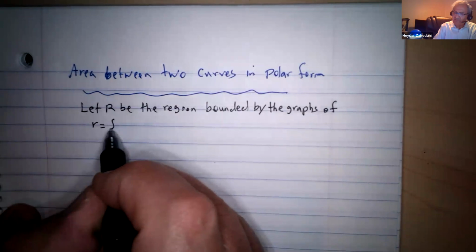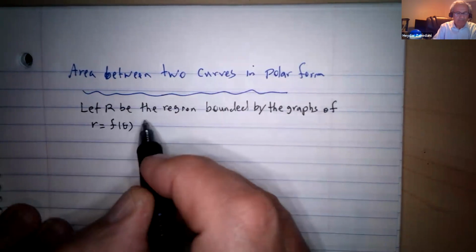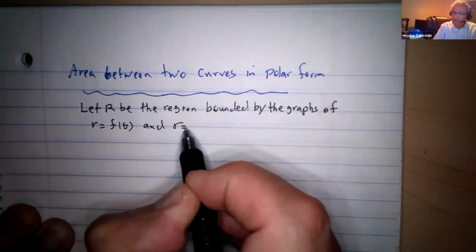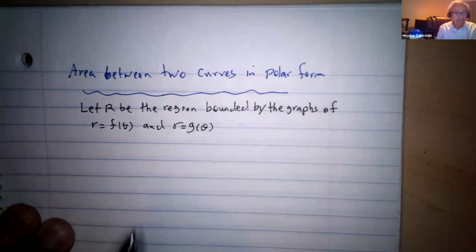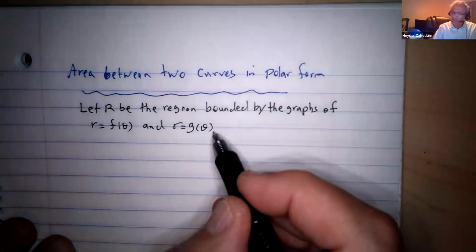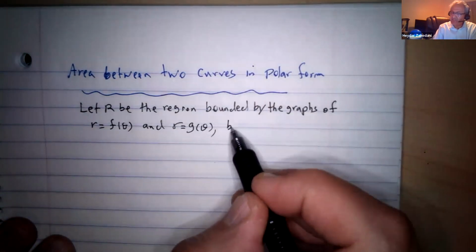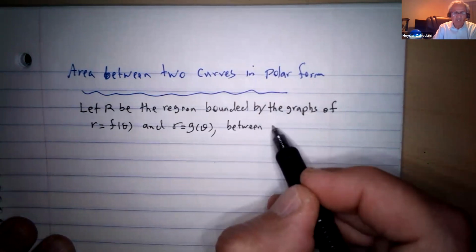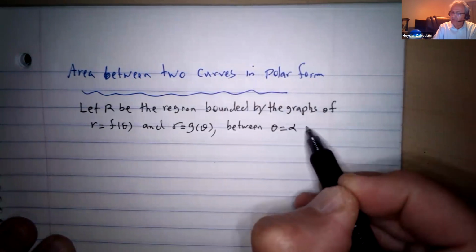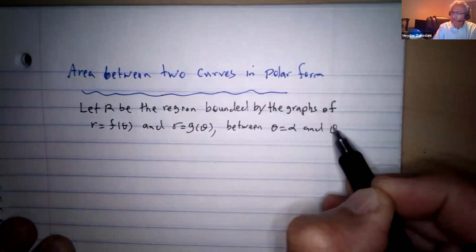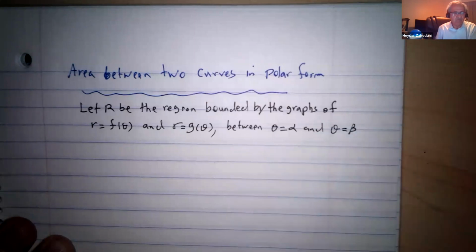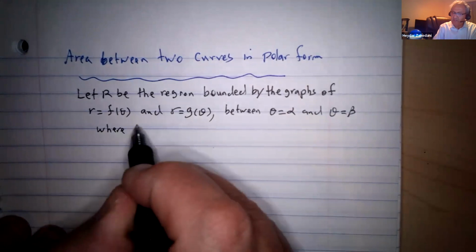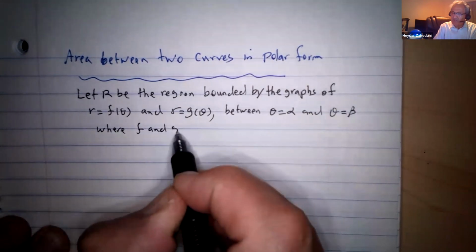R equal to f of theta is one of them, and R equal to g of theta is the other one, bounded by these graphs between theta equal to alpha and theta equal to beta, meaning from alpha to beta, where of course these functions F and G are continuous.